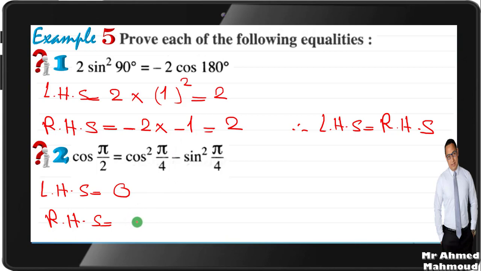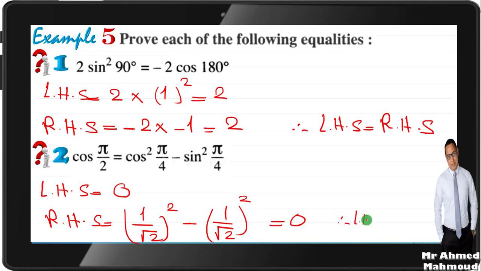So cosine 45 is 1 over square root 2, all to the power of 2, minus sine of pi over 4, also 45. Sine 45 equals 1 over root 2, all to the power of 2. It equals 0. Therefore, the left hand side equals the right hand side. Okay.